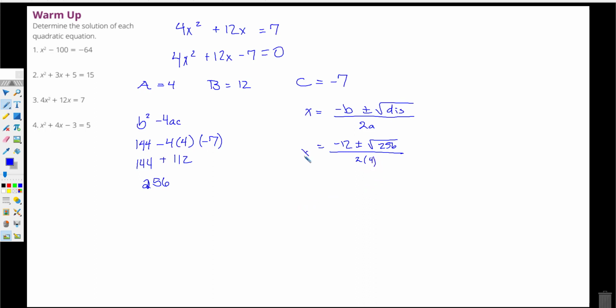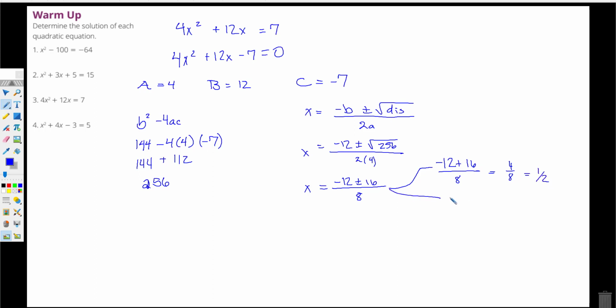Well, the square root of 256 is 16, so negative 12 plus or minus 16 divided by 8, which means I'm going to find the positive of it first: 4 divided by 8, which is 1/2.